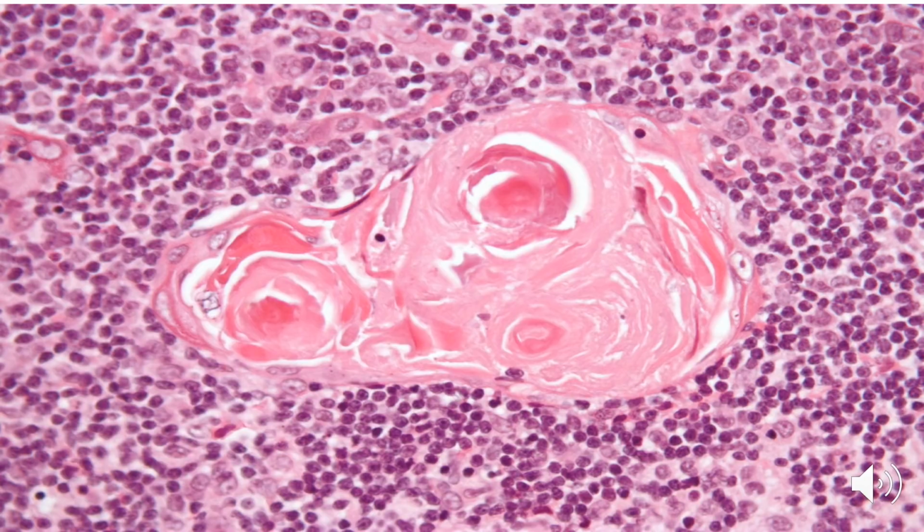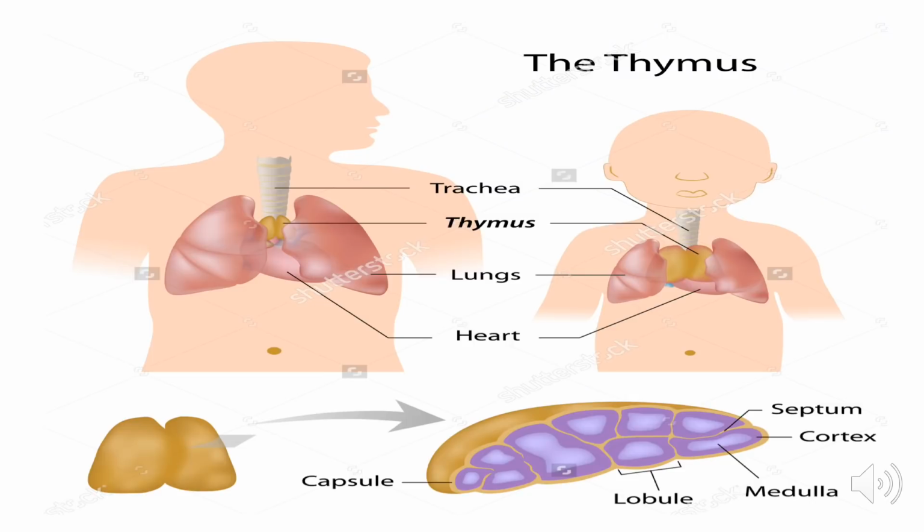Please take note that after we reach the age of puberty, our thymus will reduce in size because it will undergo involution. And most scientists are suggesting that what is causing the thymus to atrophy is the reproductive hormones such as estrogen and testosterone.